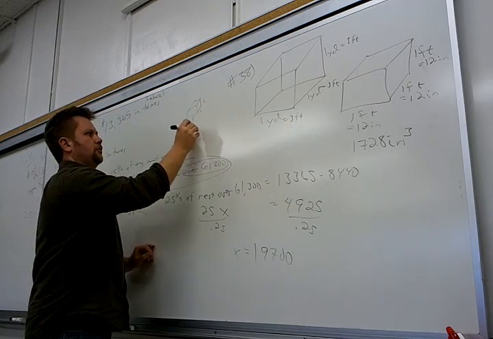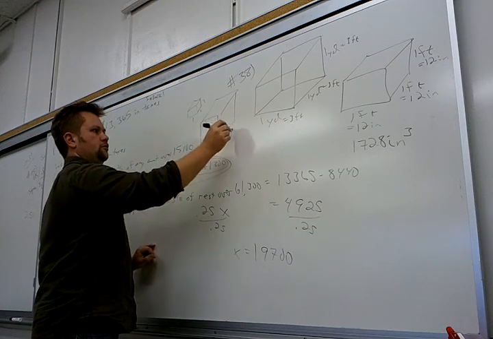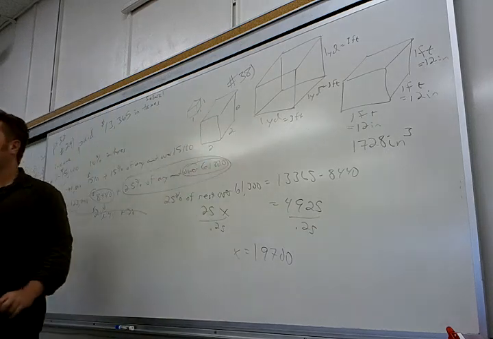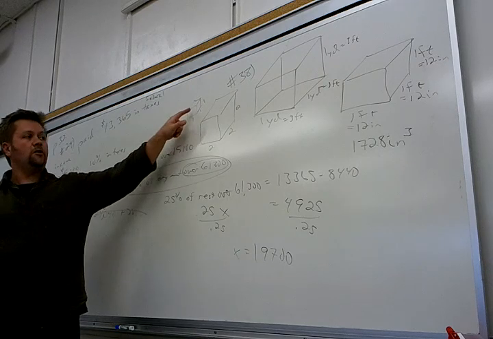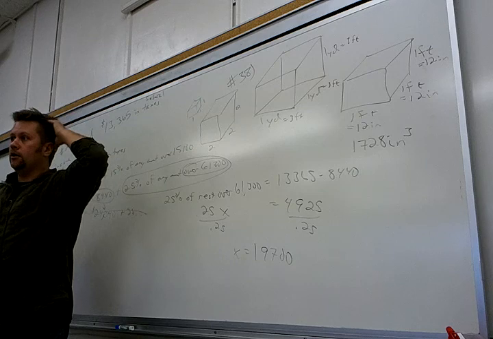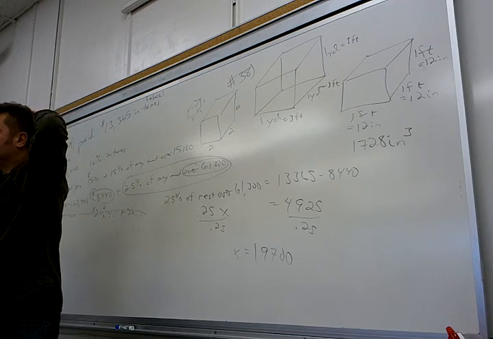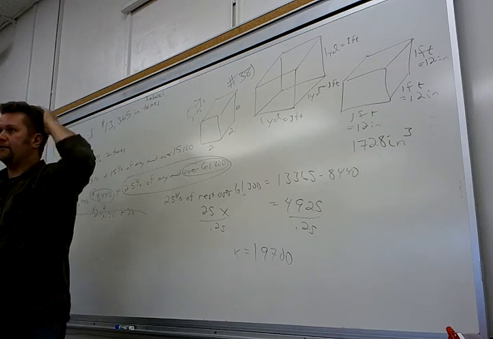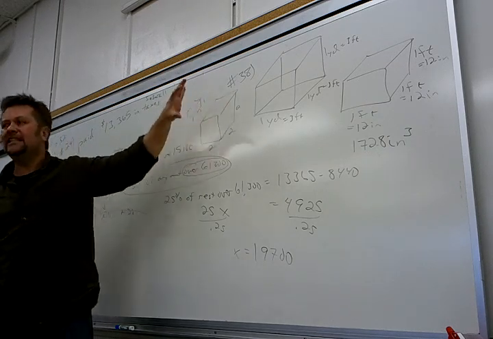If I doubled all the sides, what would it be? 2, 2, 2. What's the volume? 8. So the volume here is 1. The volume here is 8. The volume becomes 8 times bigger, right? Because cubes are cubed. So if I double every side length, 2 cubed is 8. The overall thing gets 8 times as big.